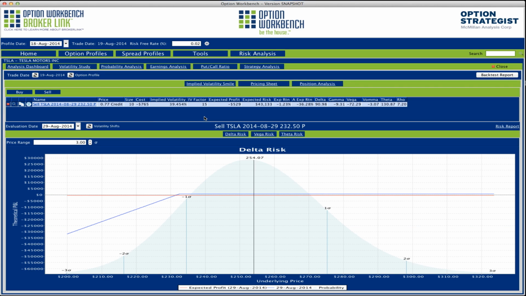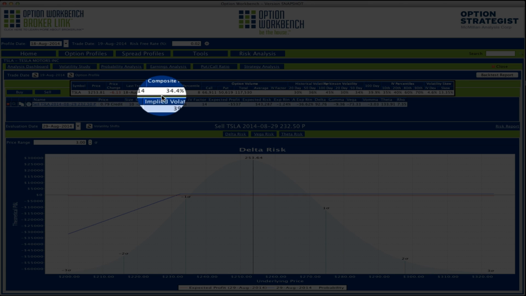Okay, so the first question is why is the expectation negative when back on our naked put profile we specified that we wanted a positive expectation. Now the numbers on the strategy zone, that expected profit or expected return, is generated using the composite implied volatility from the day before, which we can see here is 34.5% or 34.4%.